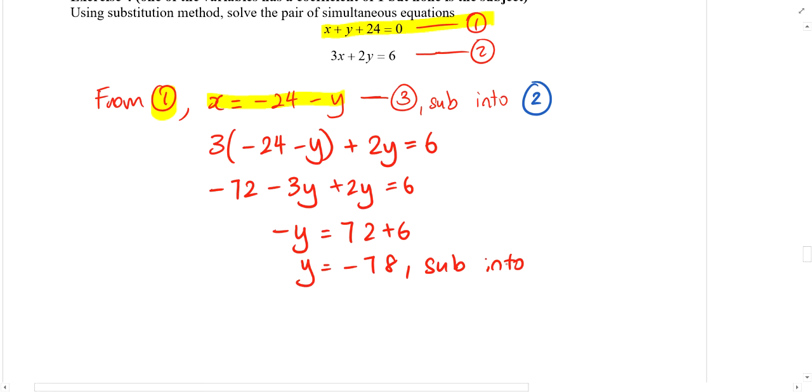What do you want to substitute into? Equation 3, because I already created equation number 3. It's the simplest already. So substitute into equation number 3. We've got x equals to negative 24 minus negative 78, which gives me 78 minus 24, which is 54.